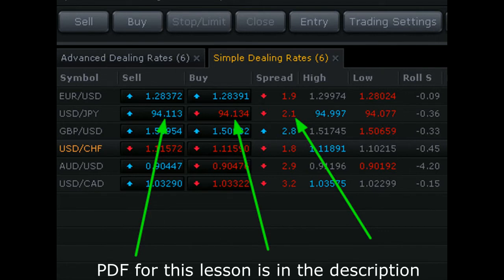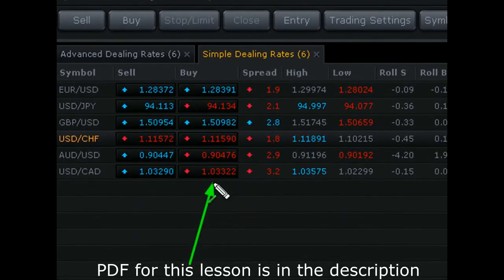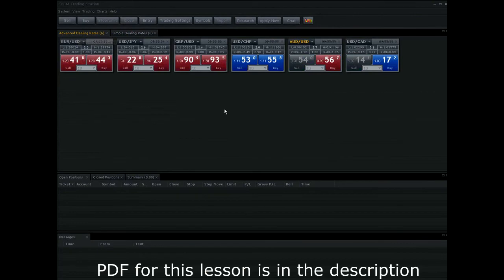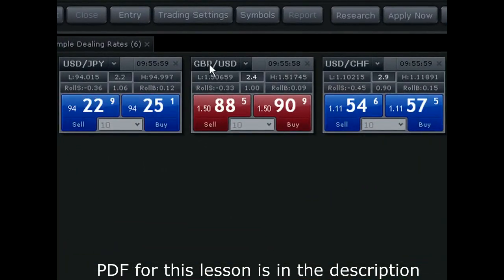So whenever you're going to be buying or selling a currency or anything that you're going to be trading, you're going to get a buy price and you're going to get a sell price. The buy price is normally called the ask and the sell price is normally called the bid. So if we just go back to this view here, we see, let's say for GBP US dollar, we've got the sell price here and we've got the buy price here.